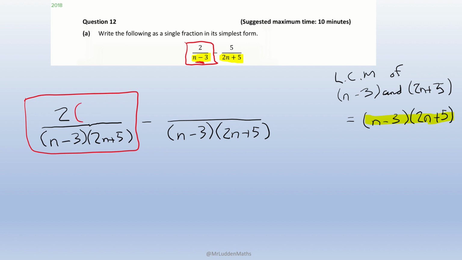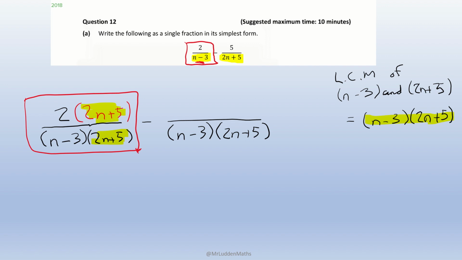So just in red here, I'm going to put 2n plus 5 up on top. You'll notice for this fraction here, we've got something in common above and below. So we've got our 2n plus 5 being multiplied by our 2 up on top, and our 2n plus 5 being multiplied by our n minus 3 at the bottom. If we were to simplify this right now, we would end up right back with our 2 all over n minus 3, because we've got our 2n plus 5 above and below here.